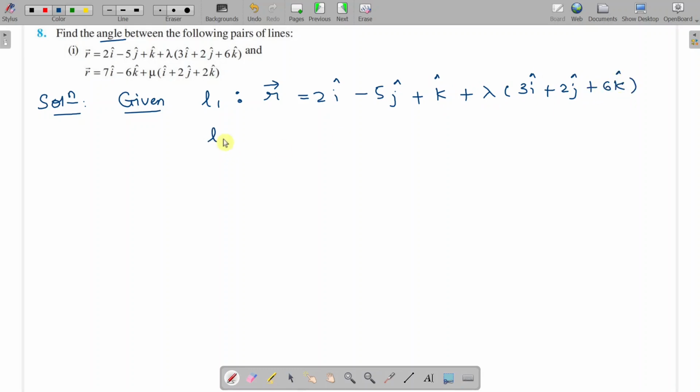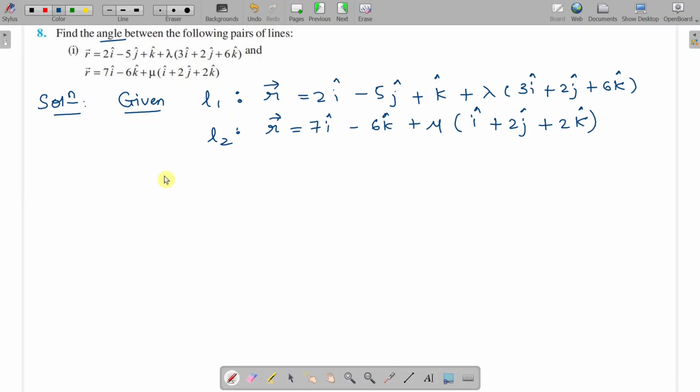Okay, and L2 is r bar equal to 7 i cap minus 6 k cap plus mu times i cap plus 2 j cap plus 2 k cap. Okay, so we are given two equations of line in vector form.